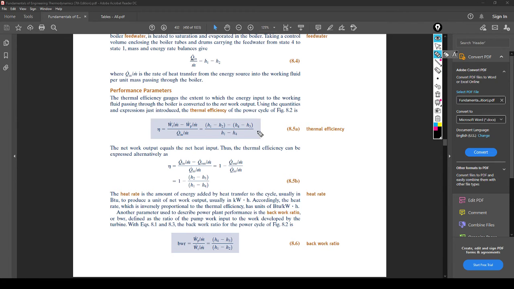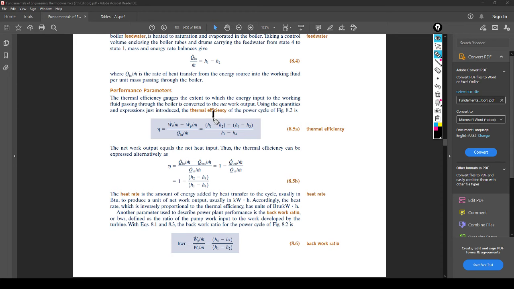Instead of just one boiler, there could be 2 or 3 turbine stages and multiple condensers, and those numbers change. But what you need to know is this part: the summation of the work at the top, positive and negative, divided by the summation of the heat in. And there could be multiple heat in as well. But for a regular Rankine cycle, it is H1 minus H2 minus H4 minus H3.